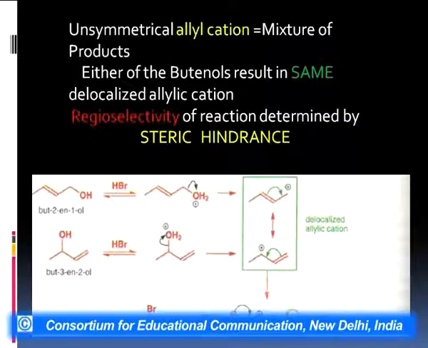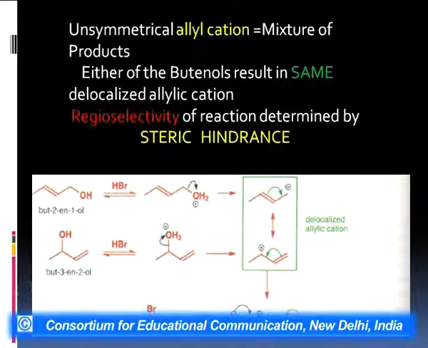In this case, the reaction is influenced by steric hindrance. So the position in which the steric hindrance is less gives 1-bromo-3-butene as the major product. We get this as 80%, whereas the other isomer is 20%.